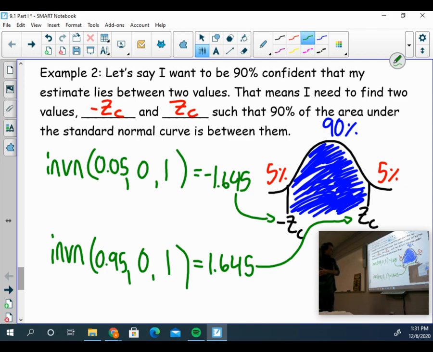Well, when I'm looking at the standard normal curve, that means my two critical values are going to be negative 1.645 and 1.645 because 90% of the data lies between those two values, meaning there's a 90% chance that a random variable on that standard normal curve will fall between those two numbers.